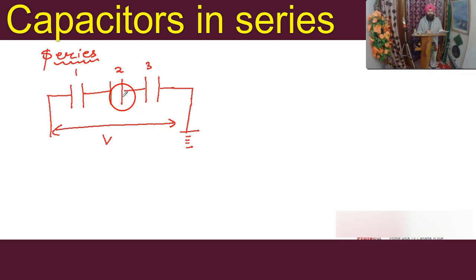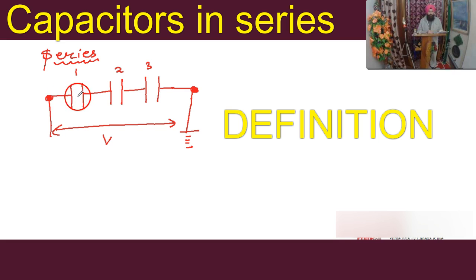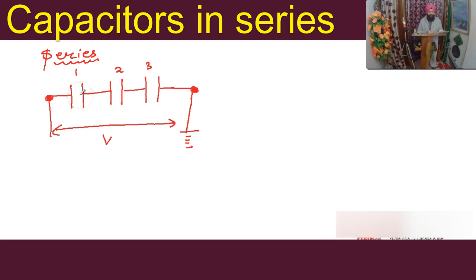Capacitors are said to be connected in series between two points when we can proceed from one point to the other through only a single path. So there is only one path. If there is a single path, then the capacitors are said to be in series. Remember.